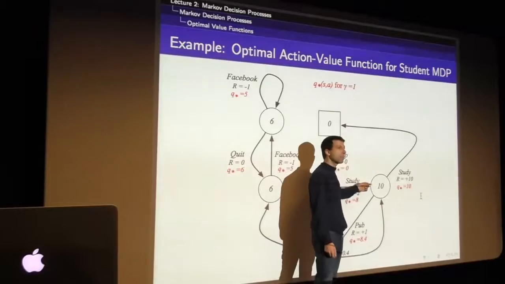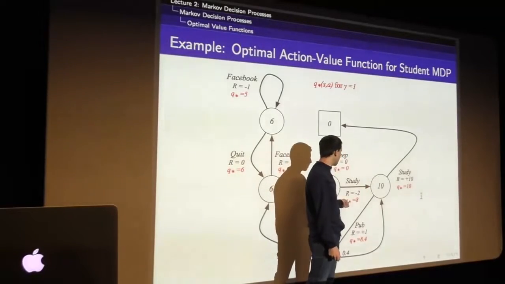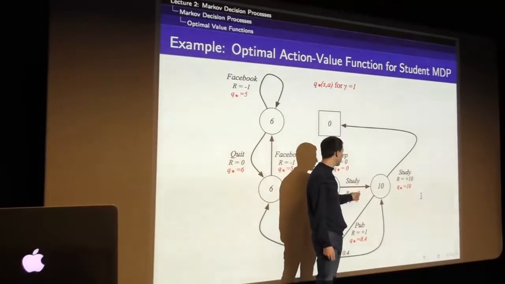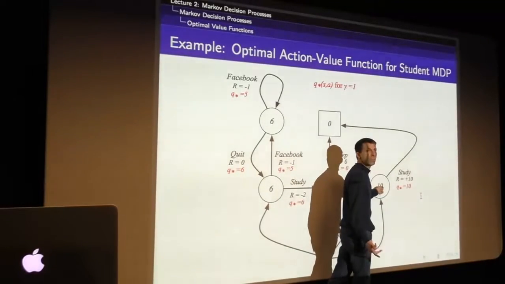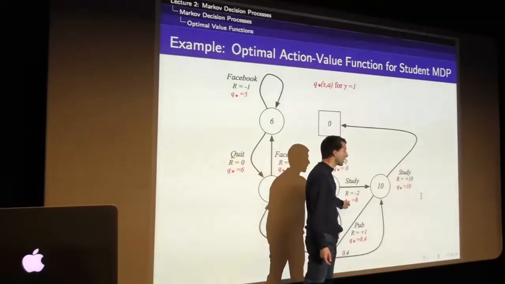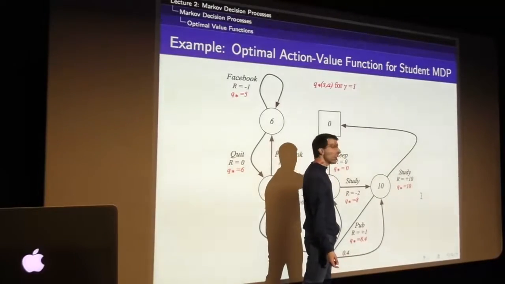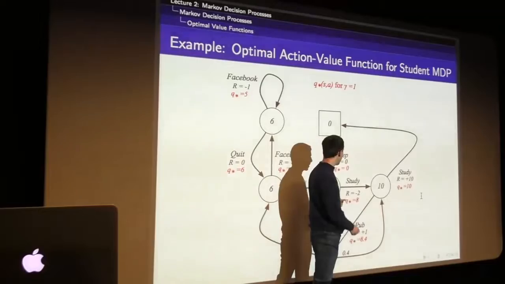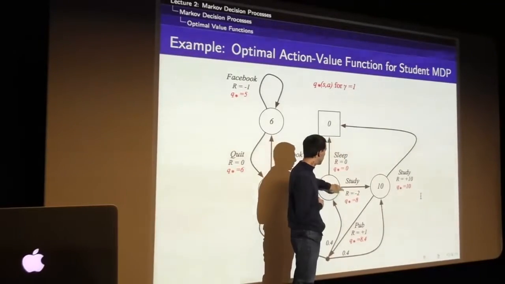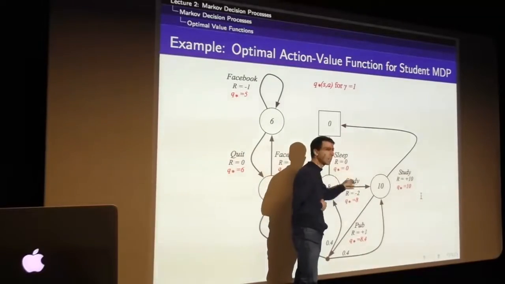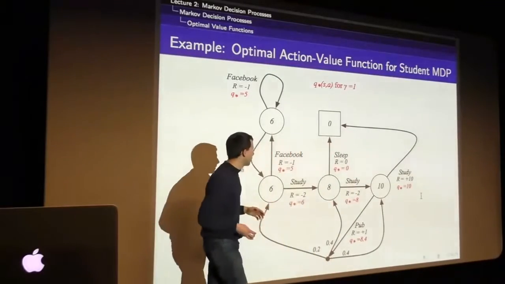The value of this arc here, we know that you're going to basically get minus 2 for taking that arc, and you're going to end up in a state that's going to get you 10 units of reward. So the value of this arc is 8, the value of this arc is 0. Now we're able to make decisions. We can choose what's the optimal decision to take from here. Clearly you would pick 8 above 0, so you would choose to take this arc over here.